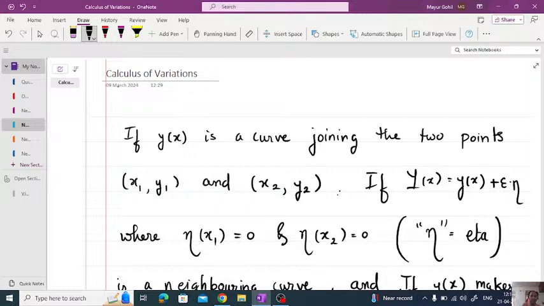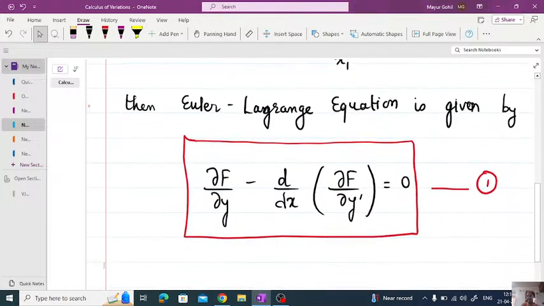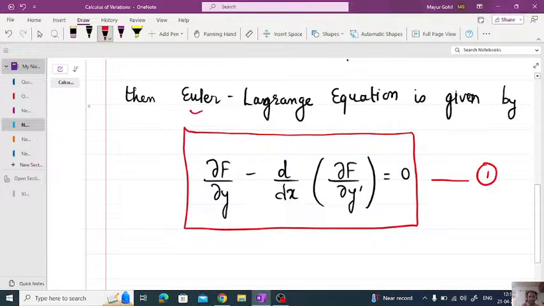I'll write here that this is basic theory, and this is one of the most important formulas that is required to be remembered. Euler-Lagrange equation is given by here. Okay.